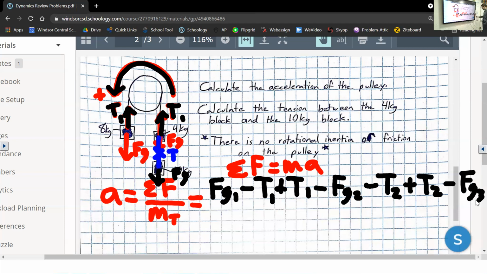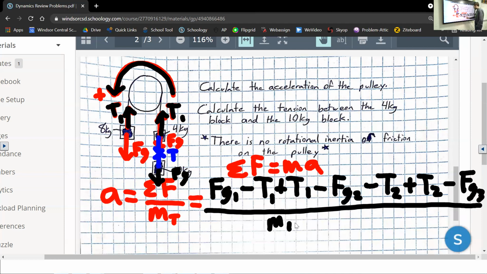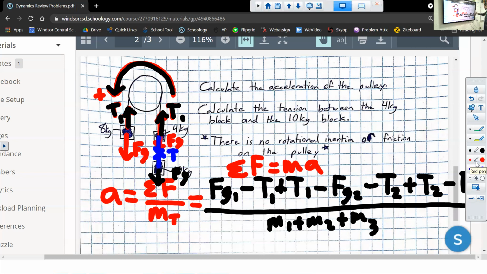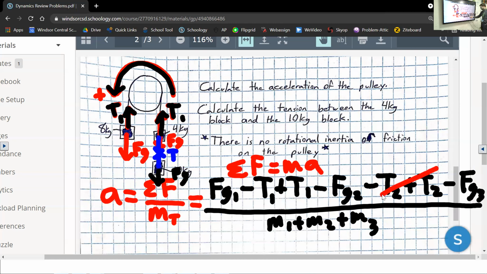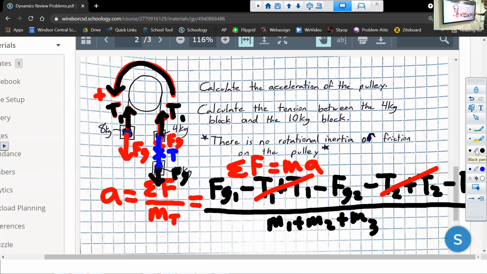So a lot of forces. And then we're dividing by M1 plus M2 plus M3, so the total mass of the system. So the tensions all cancel. T2 goes away, T1s go away. That just leaves the Fg's and the masses.